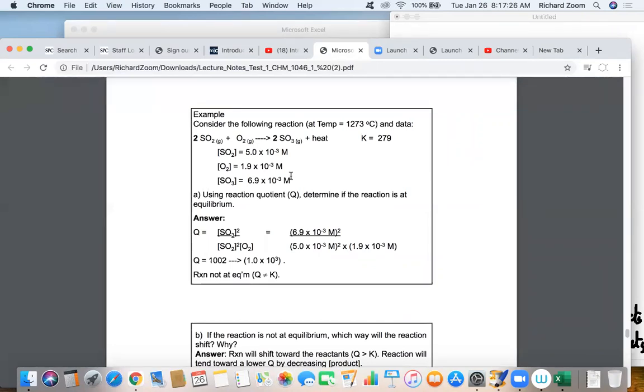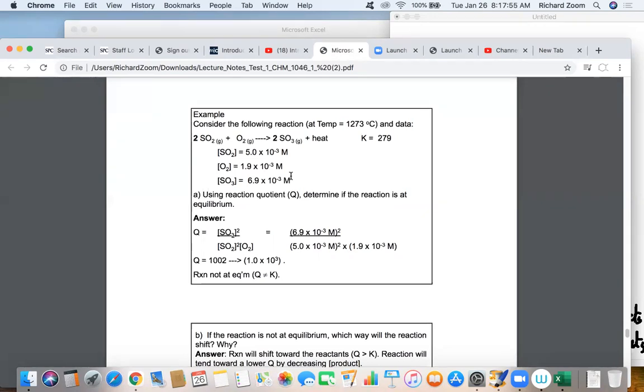So what we're going to do is use the reaction quotient to determine if the reaction is at equilibrium at this point with these specific concentrations of SO2, O2, and SO3. So we come up with the Q value, and it's going to be SO3 squared over SO2 squared times O2. The squared here, the 2, matches the coefficients that you're seeing on the SO3 and the SO2.